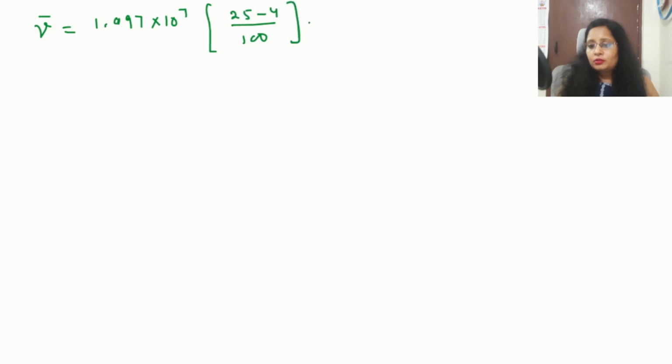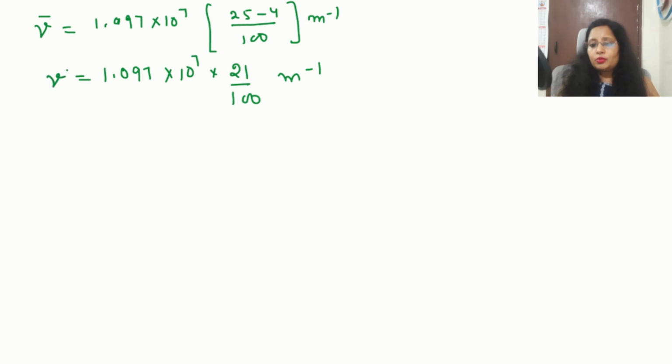Now coming to the next page, we can write mu bar is equal to 1.097 into 10 to the power 7. Now take the LCM, it will become 100, so 25 minus 4, which gives 1.097 into 10 to the power 7 into 21 upon 100 per meter.